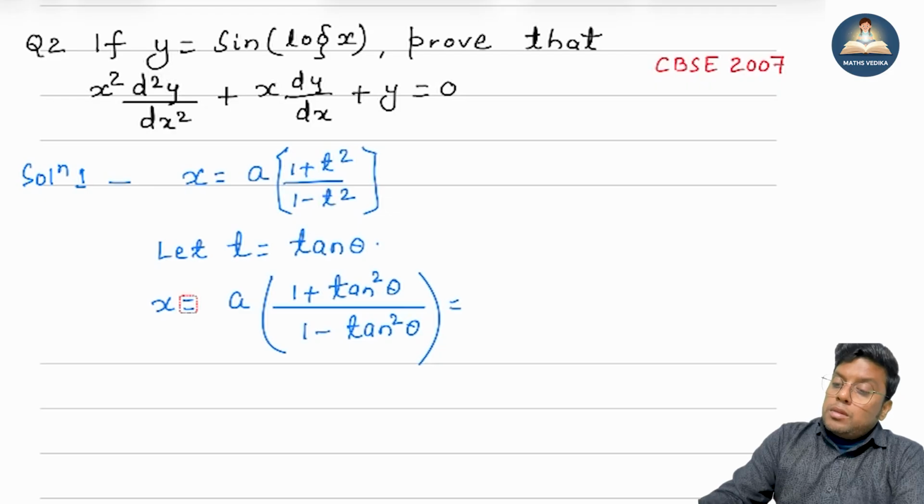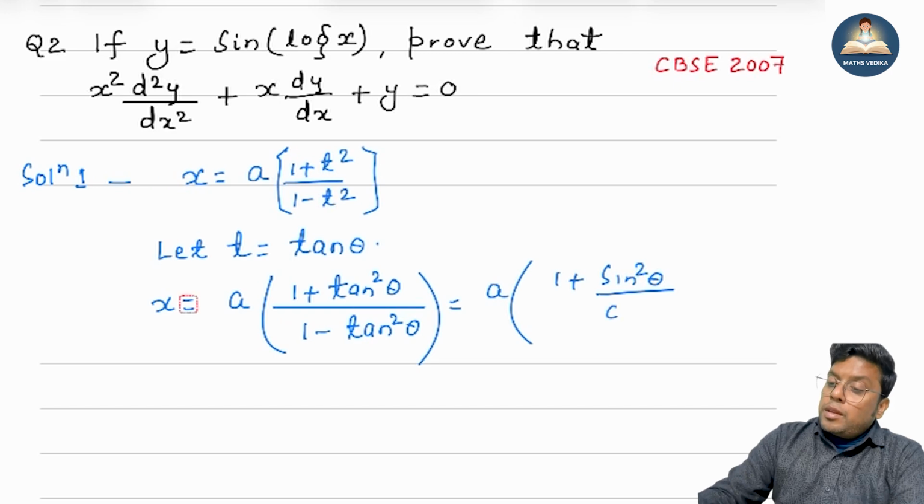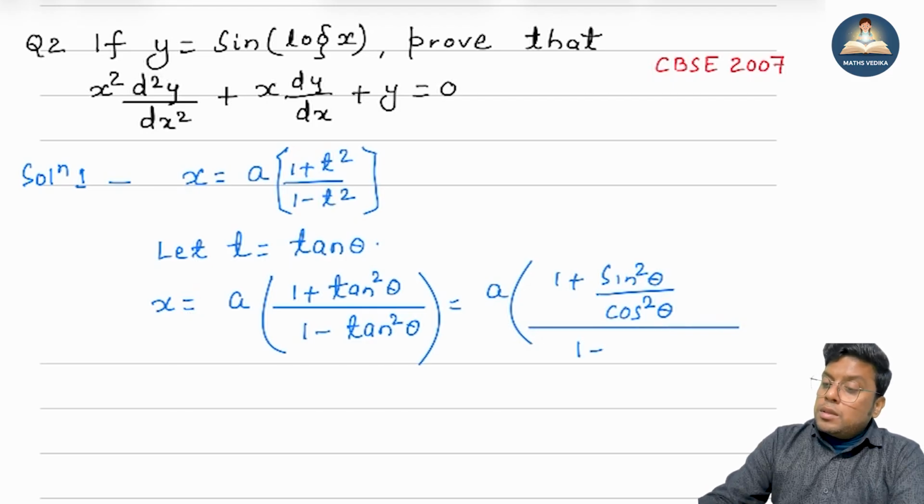which is equal to a into (1 plus sine square theta by cos square theta) divided by (1 minus sine square theta by cos square theta).